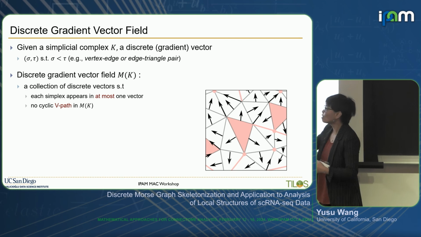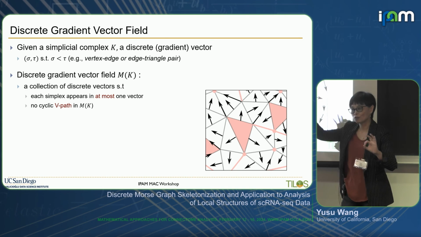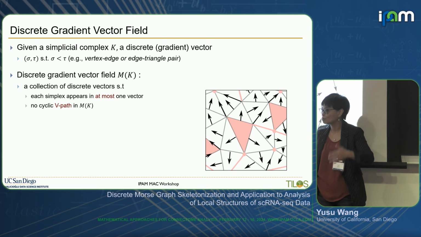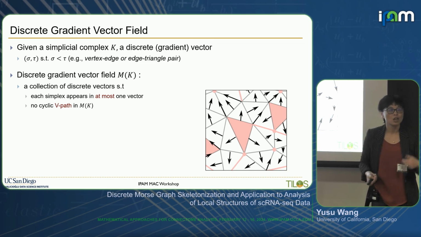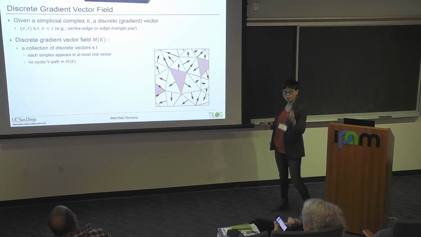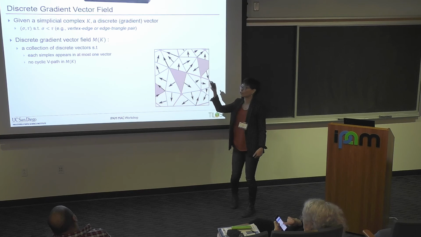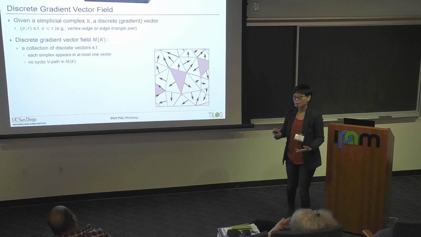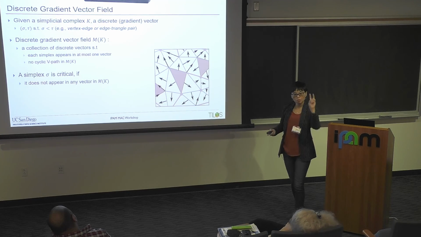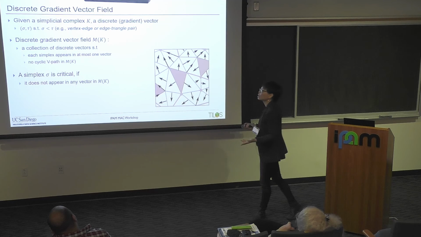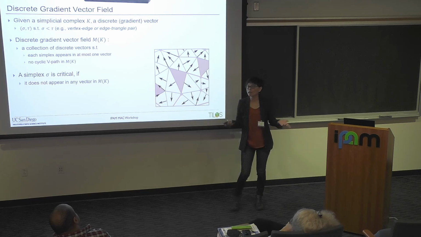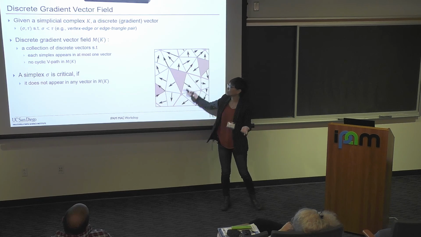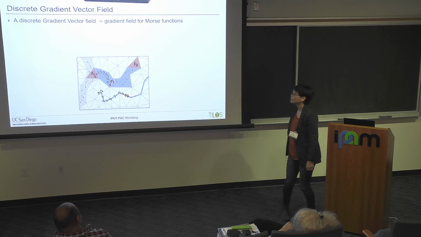The second is that if I follow this kind of flow path, I should not have cycles, because gradient should always just flow down or flow up, whichever way you like. Okay, so if you have such a collection of discrete gradient vectors that satisfy these two conditions, you get a discrete analog of the gradient vector field. Okay, and critical simplices corresponding to critical points are just those simplices that don't appear in any pair, namely where the gradient vanishes. Okay, so the pink colors I made here are the critical simplices.